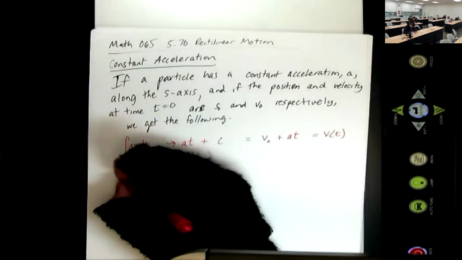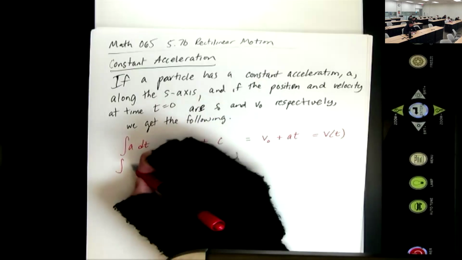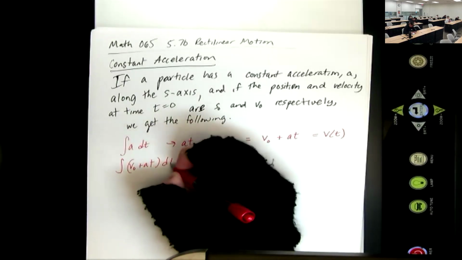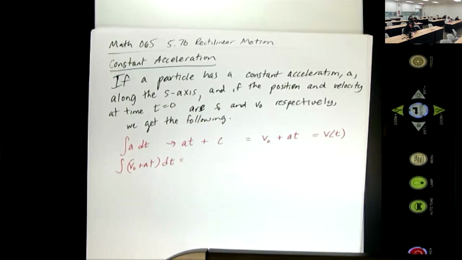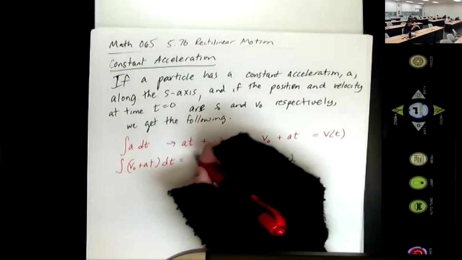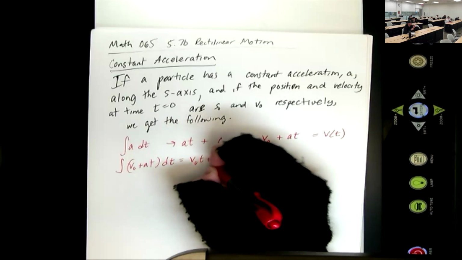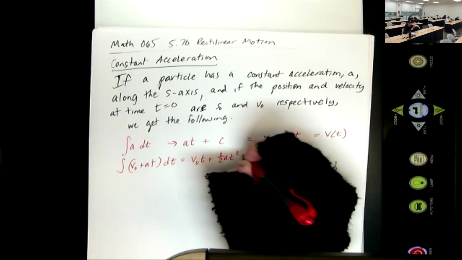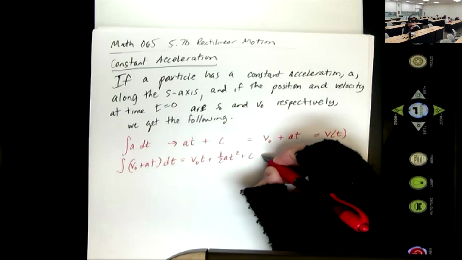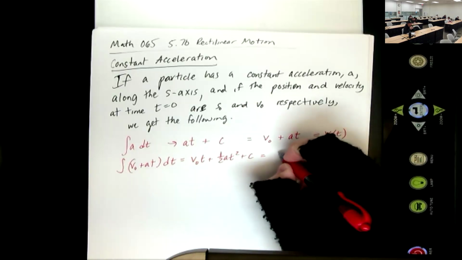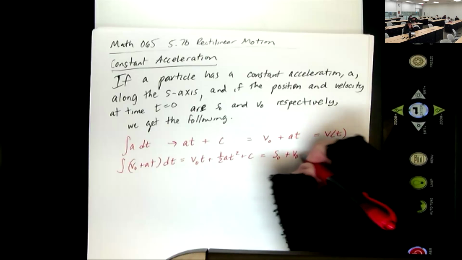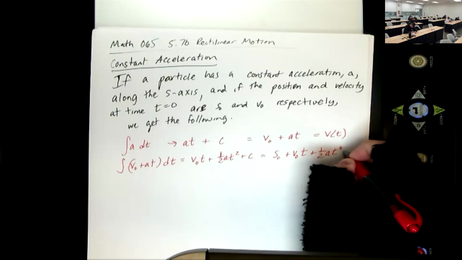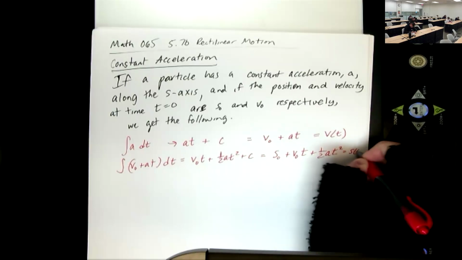And if we integrate V naught plus at, we get V naught t plus 1/2 at squared plus a constant. And that constant just so happens to be S naught. And that is S of t.